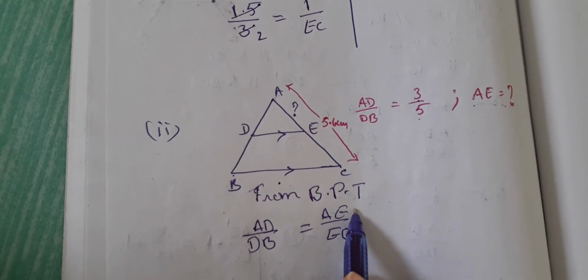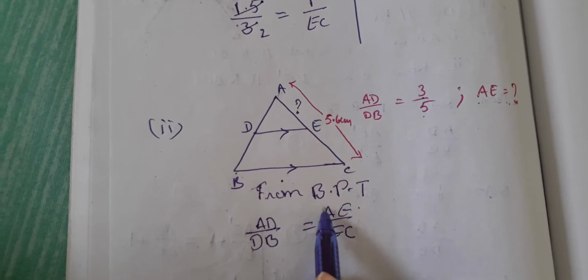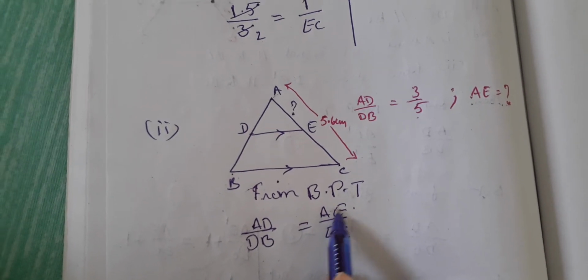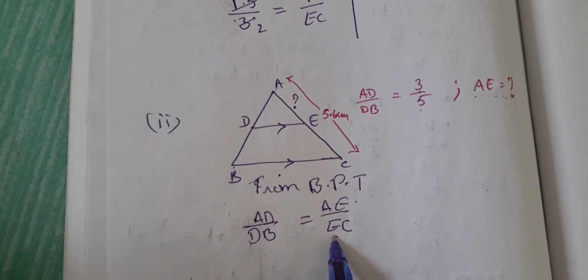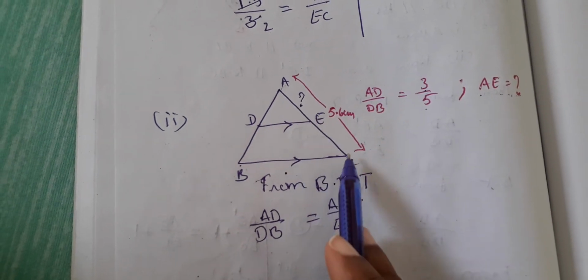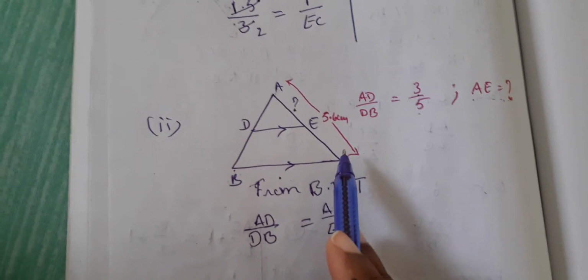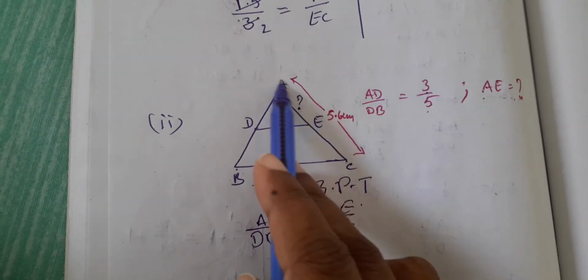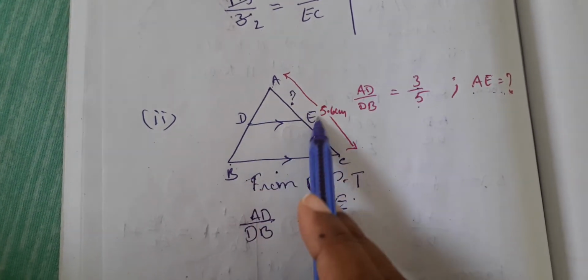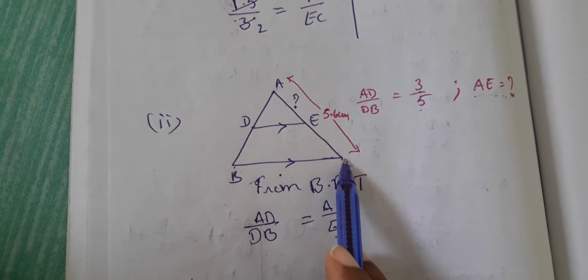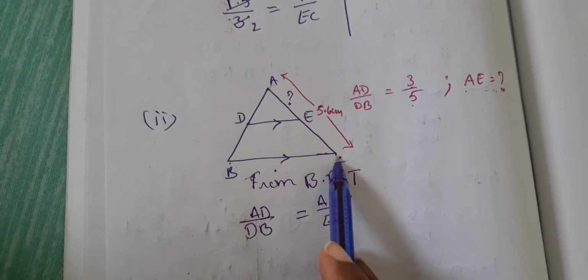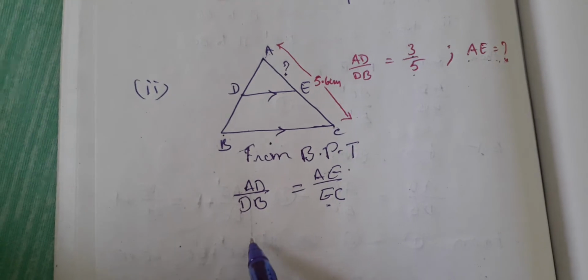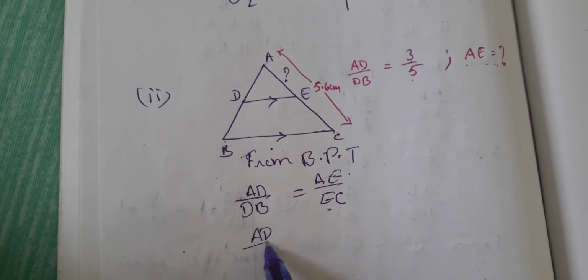We wanted to find AE, so leave AE as it is. What is it which we don't know? We don't know EC. So in place of EC, you can write AC minus AE. Is it not? AC minus AE is EC. Then your problem will be simplified very easily.